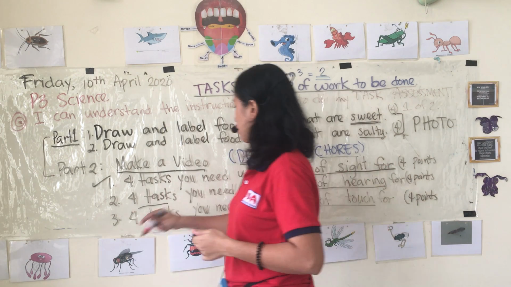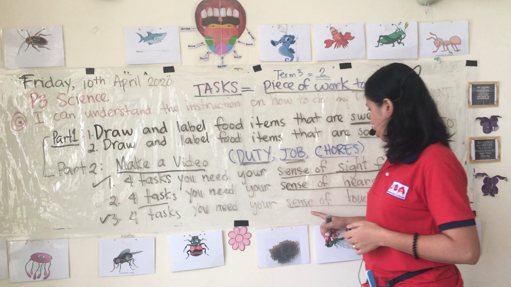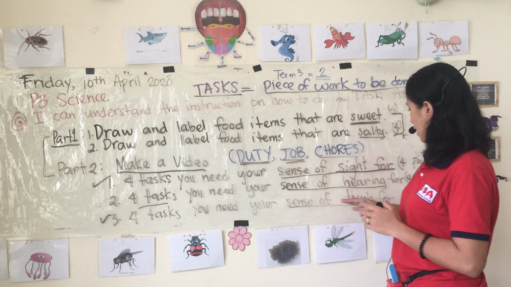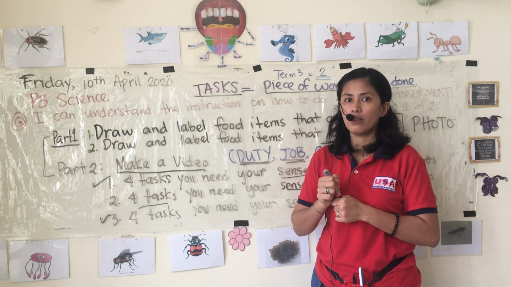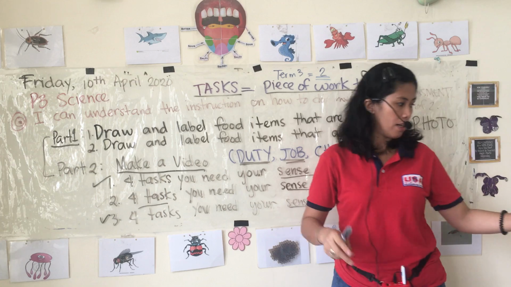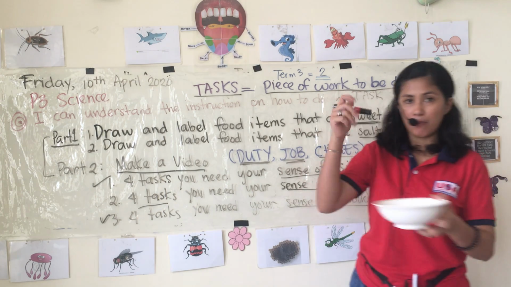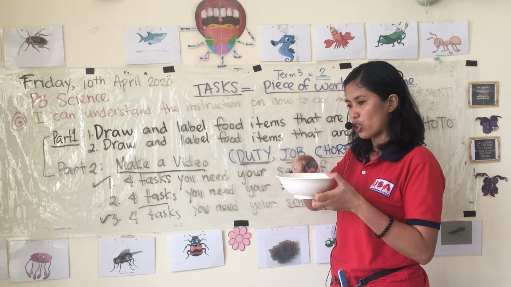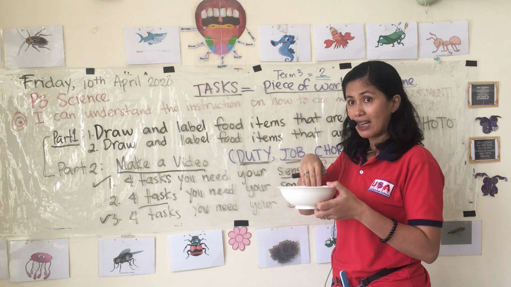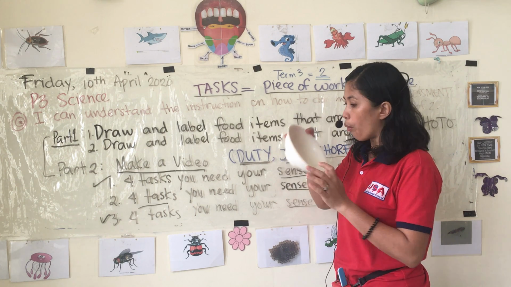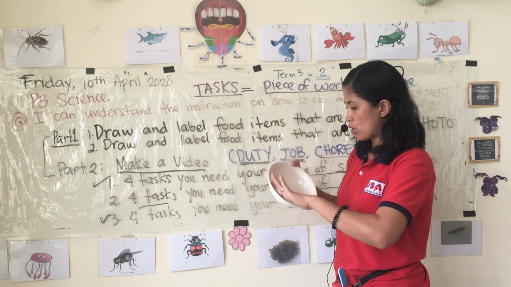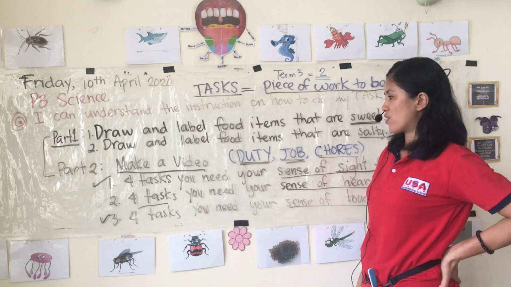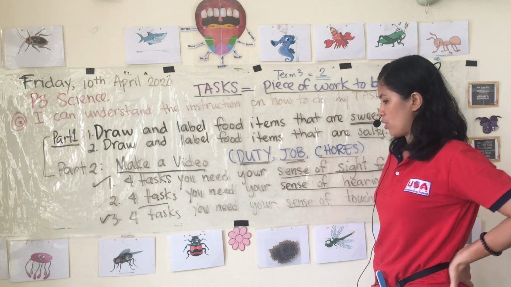How about number 3? A task that you need your sense of touch for. Same with the earlier example, you use your touch and your sense of sight. With the sense of sight, you make sure that it's clean, right? Make sure that there's no more dirty spot on the plate or in the bowl. Now, how about sense of touch?